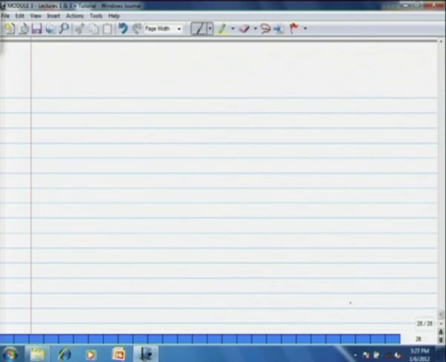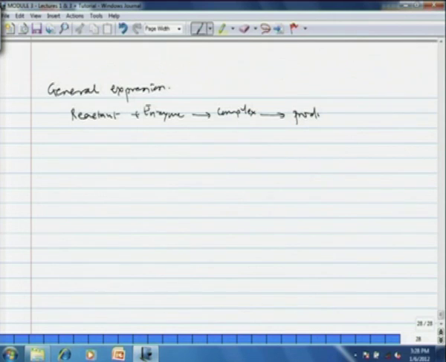So, we can write the general expression for this. Reactant plus enzyme gives complex, which further splits to products plus enzyme.